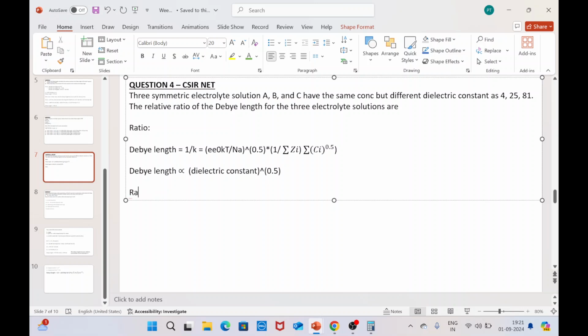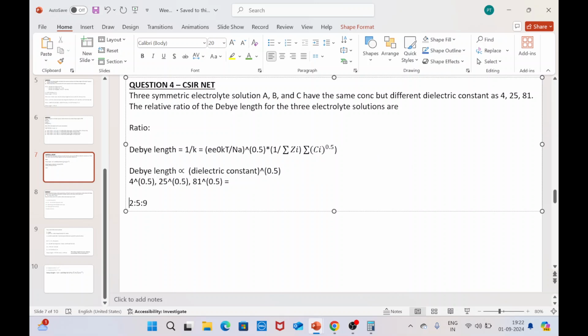So that will be nothing but 4 power 0.5, 25 power 0.5 and 81 power 0.5. That is 2, the root of 25 is 5, and 81 whole power 0.5 is 9. So the ratio will be 2 is to 5 is to 9.